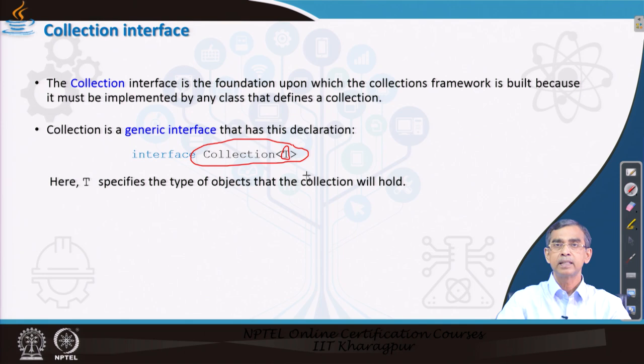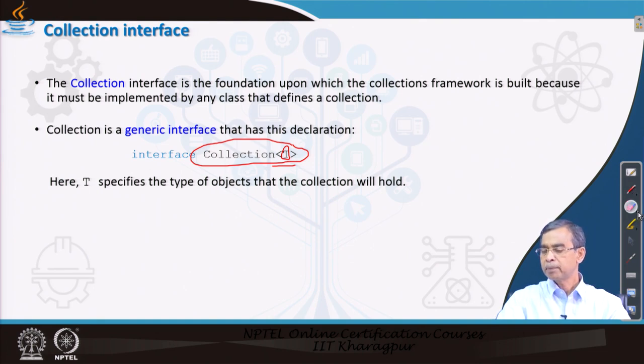If you want to store integer data in your collection, then T will be integer or double or string. If you want to store a collection of records of type student, then T can be student or book or person, like this.